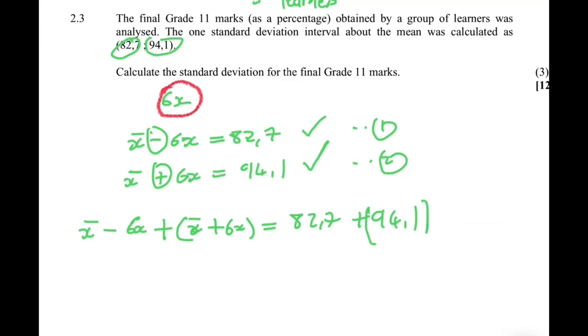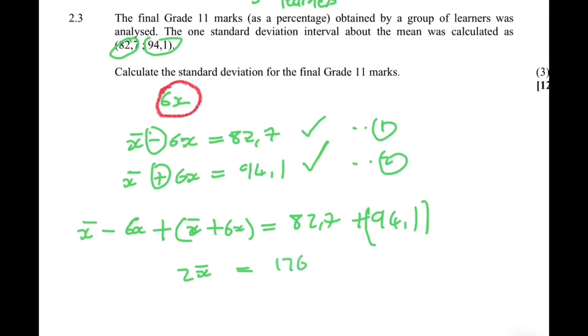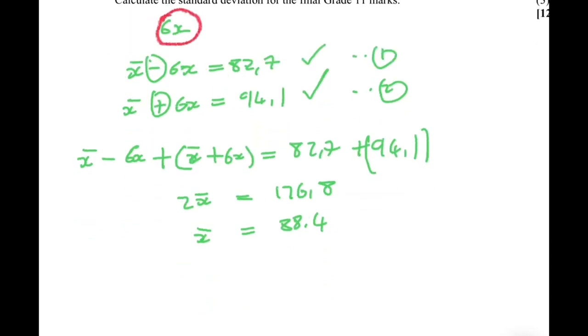So x bar plus x bar, or the mean, will be 2 x bar, and then minus standard deviation plus standard deviation will be 0, right? That will be equal to 82.7 plus 94.1, which is 176.8, right? So now we can say x bar is equal to, we divide both sides by 2, we get 88.4.